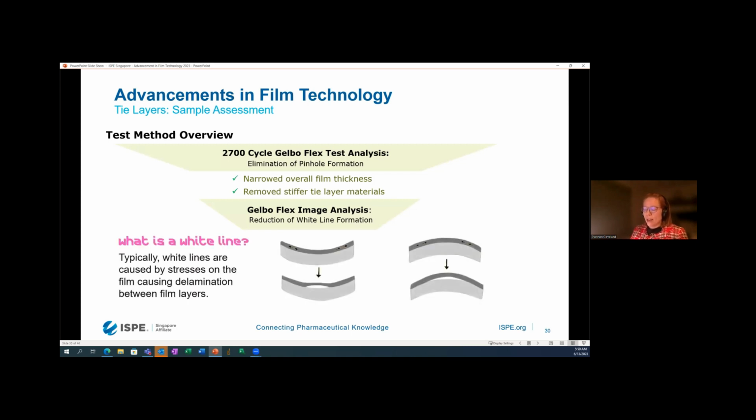So what is a white line in the film? There were some pictures earlier of the EVOH with those stress lines, and those were white lines. They're typically caused by stresses on the film, which can result in delamination between layers. And so you can see here with flexing that you can delaminate layers, you can show white lines. It also is showing extreme stress.